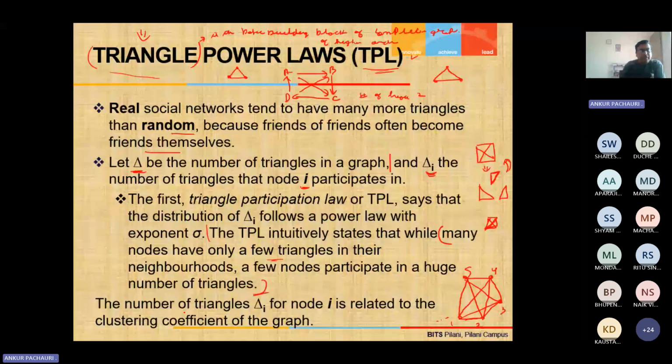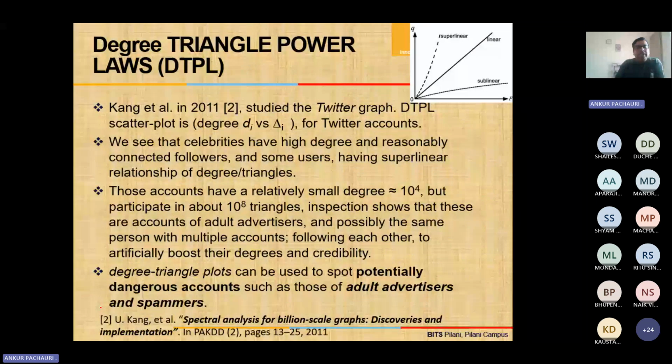Okay, let me focus more on power law. Even degree triangle power law. There was a researcher named Kang in 2008. He studied the Twitter graph and plotted the degree of each node against the number of triangles in which that node was participating.